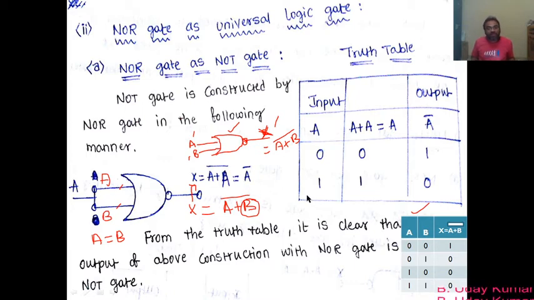Because in case of the OR gate, 0 plus 0 is 0 and 1 plus 1 is 1. Do you remember the truth table of the OR gate? We can write it from here itself. For example, if this is A and B, and the truth table of the OR gate has output C equal to A plus B.